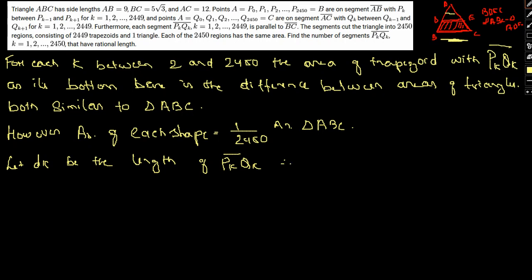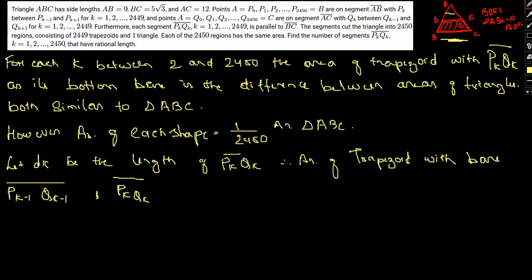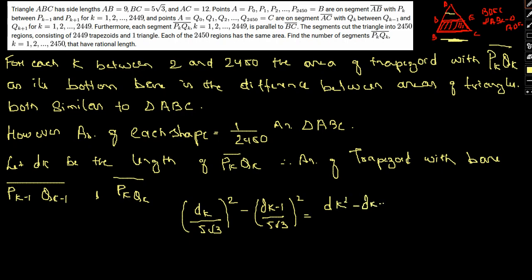Therefore the area of the trapezoid with base segment PK minus 1 QK minus 1 and PK QK will be (dk by 5 root 3) whole square minus (dk minus 1 by 5 root 3) whole square, equal to (dk square minus dk minus 1 whole square) by 75 times the area of triangle ABC.